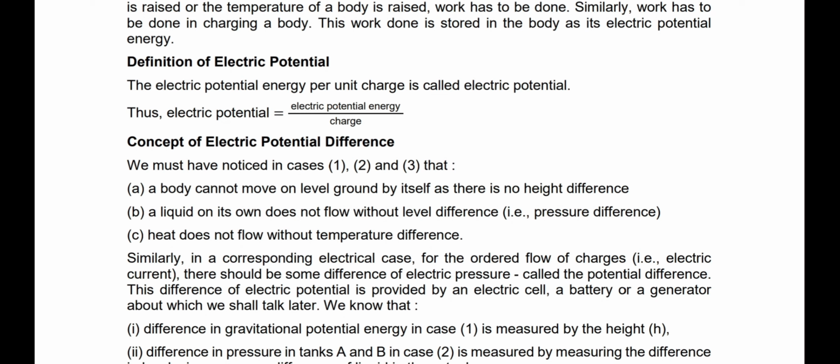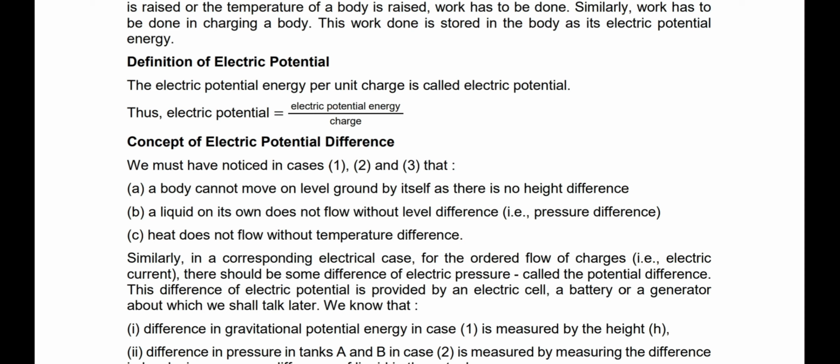Now the question arises, how can we define electric potential? Electric potential energy per unit charge is called electric potential. So basically we can say that electric potential energy is a kind of work done.